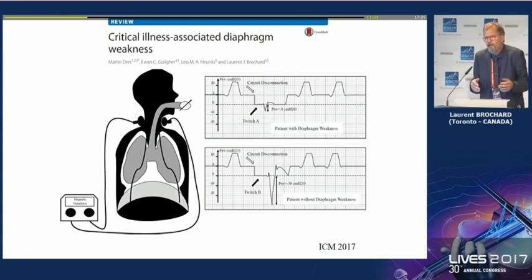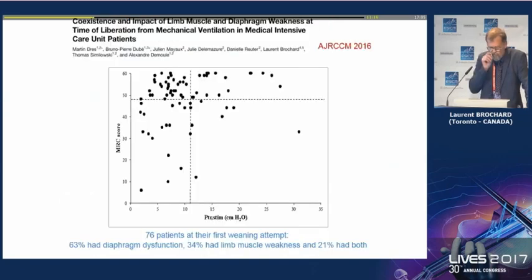So this is, let's say, the gold standard technique to assess diaphragm weakness. This is explained in this recent review, which was just published a few days ago in Intensive Care Medicine for those interested. This is, of course, a complex technique, and we are not going to use that in the ICU, but it was useful to bring very important information.